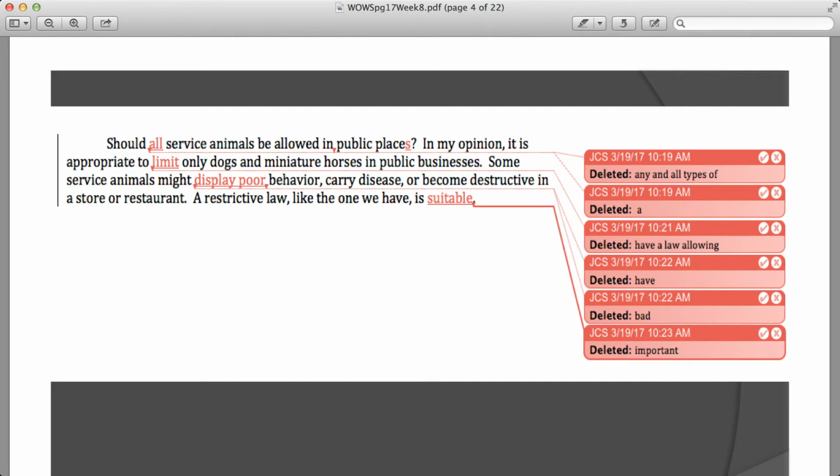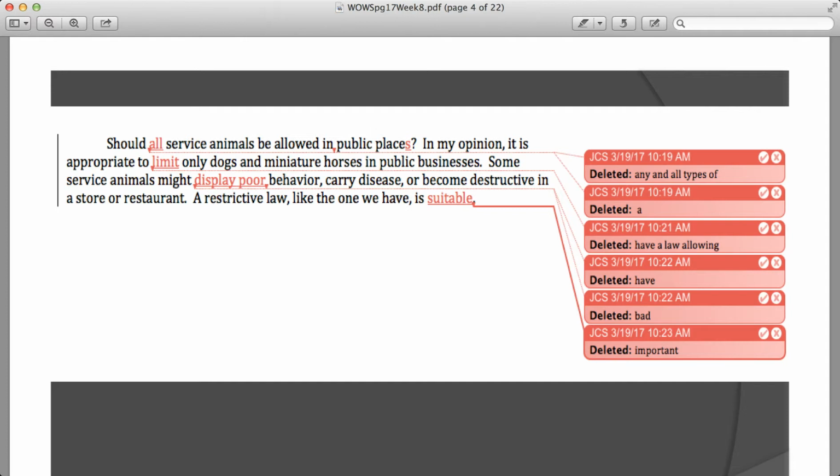I just kept that, and I took out these other words because it just was too wordy, and it still makes good sense. Should all service animals be allowed in public places? A lot of times, writers tend to put too many words in on their first drafts and can often find things they could take out that will just condense the writing, making it stronger and to the point.